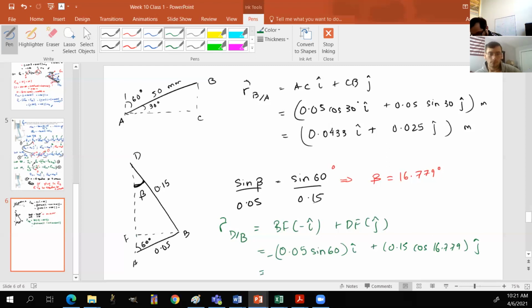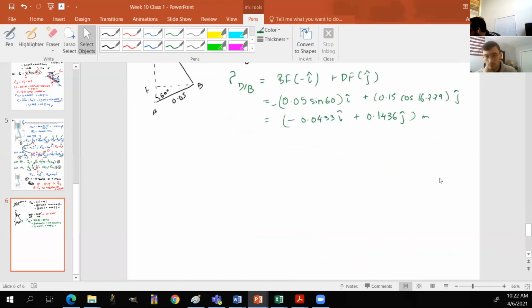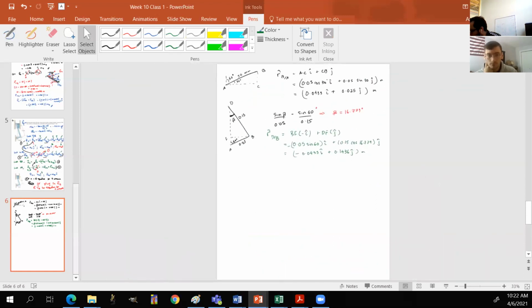Right, so this ends up being, what I got was minus 0.0433 I hat plus 0.1436 J hat. All right, that's it. And then we can just go to Mathematica to solve the problem. So let's do that real quick.